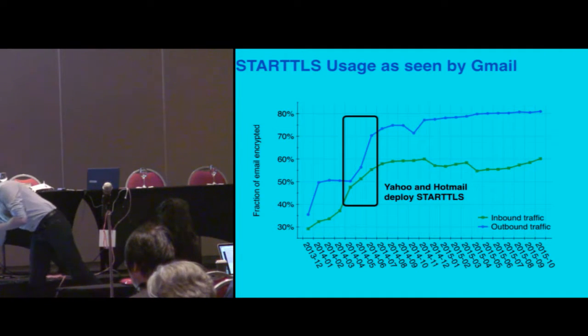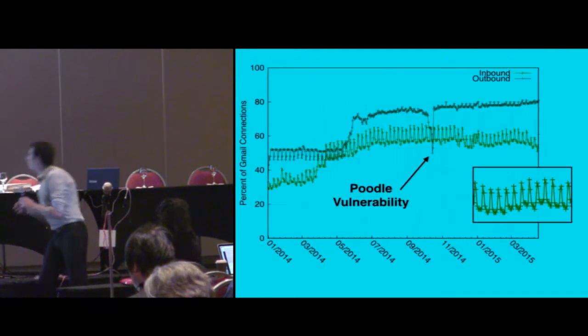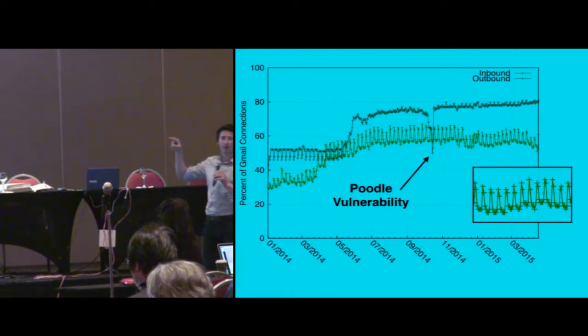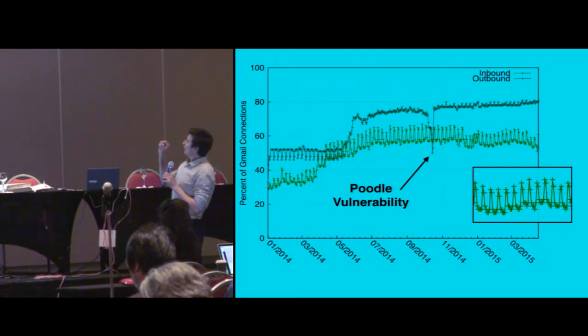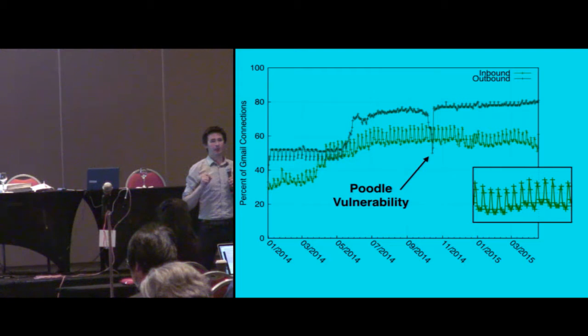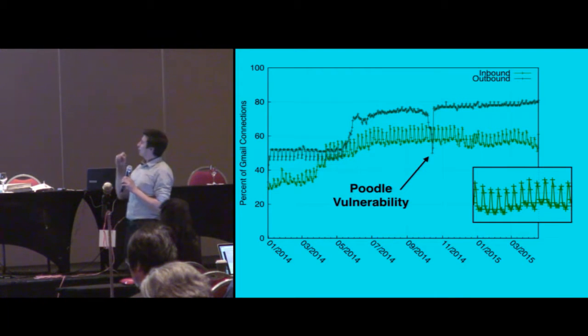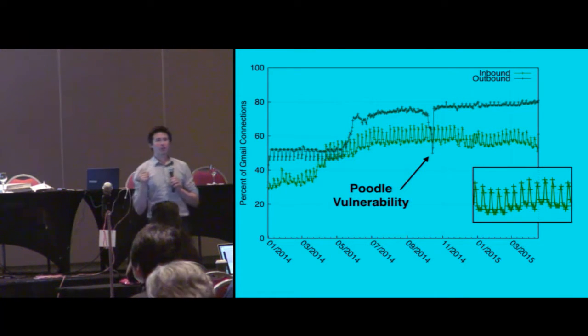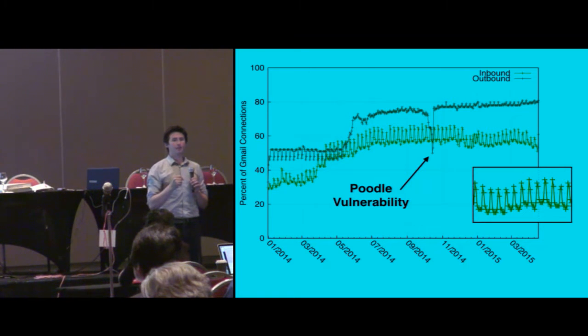And when you zoom in a little bit more to look at this at a higher resolution, you actually see this very funny zigzag pattern that's going back and forth. What we see here is actually the difference between the amount of mail that is encrypted on weekends versus weekdays. It turns out that on weekends, about 10% more mail is encrypted than on weekdays.